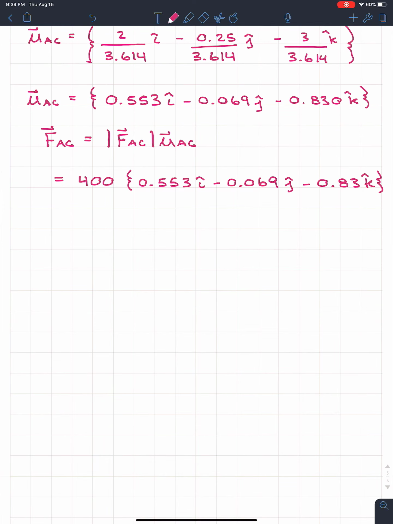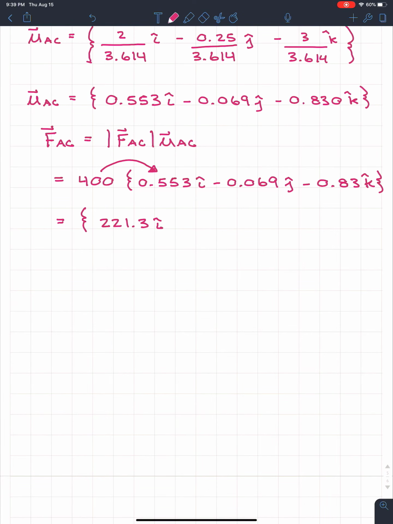Perfect. So in the end, we'll get the vector that goes like this. It's going to be 221.3 I. So again, this is just me taking the 400 and multiplying it by the 0.553.